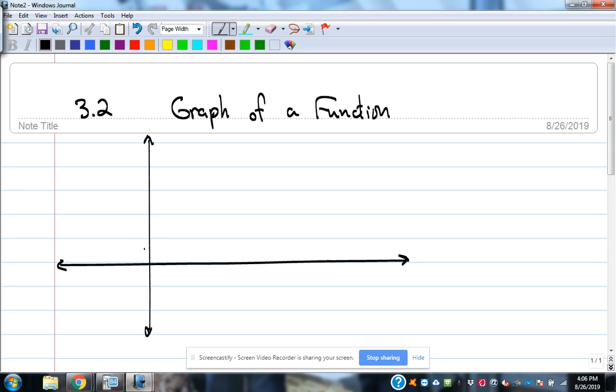So I'm going to use my lines here. I'll try to scale it out just right. So my picture looks decent. All right, one more. 1, 2, 3, 4. So I'm going to put a dot right there.